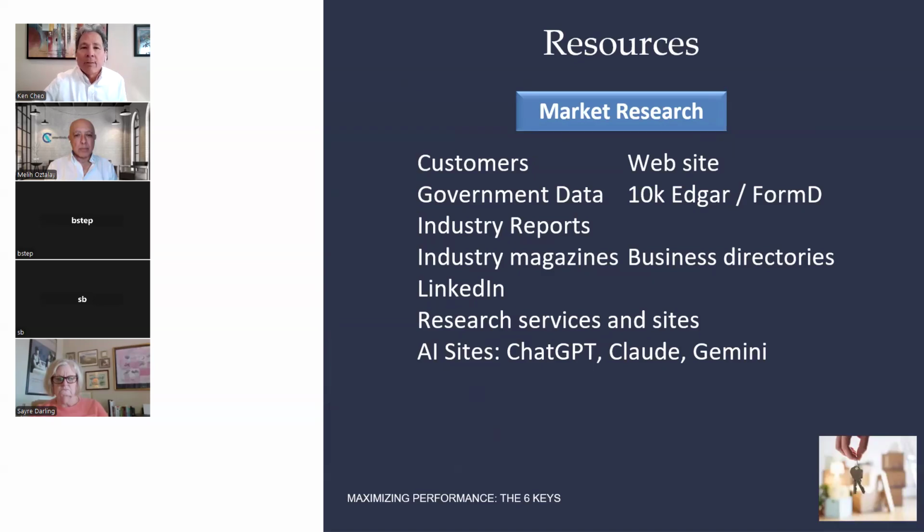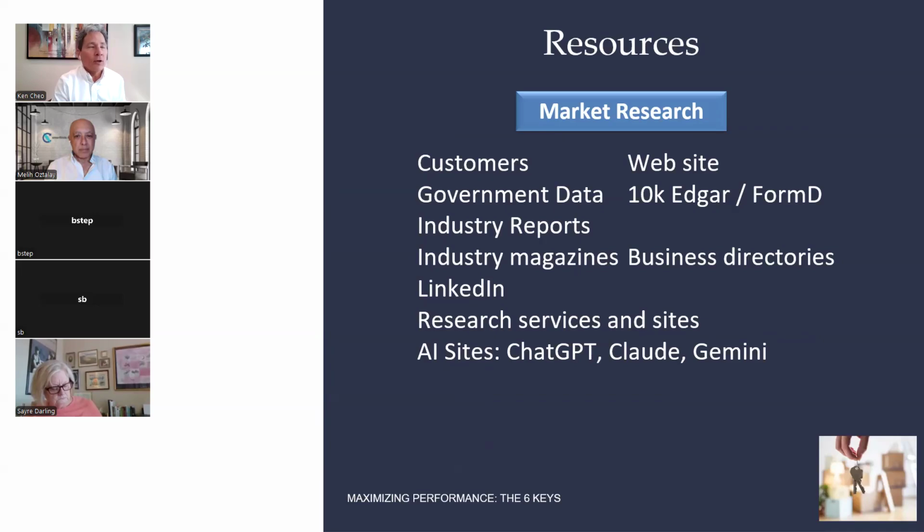Resource data. Your best resource are customers. What are your customers doing, and what are the trends there? Okay. And ask them. Okay. You can go to the web and get information. If it's a public company, I was talking to another customer today that was dealing with biotech and tech startups.